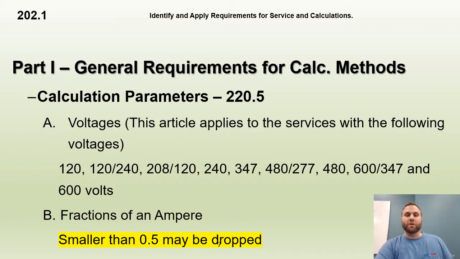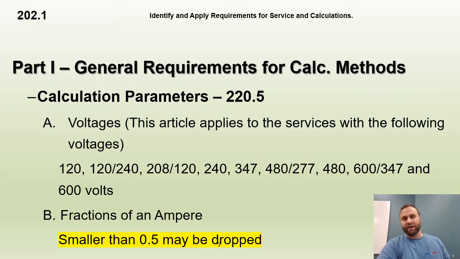Part 1, general requirements for calculation methods. Well, 220.5 gives us calculation parameters. In 220.5(A), it actually goes on to give us boundaries, meaning that it tells us that Article 220 applies to any service or services with these voltages listed below.